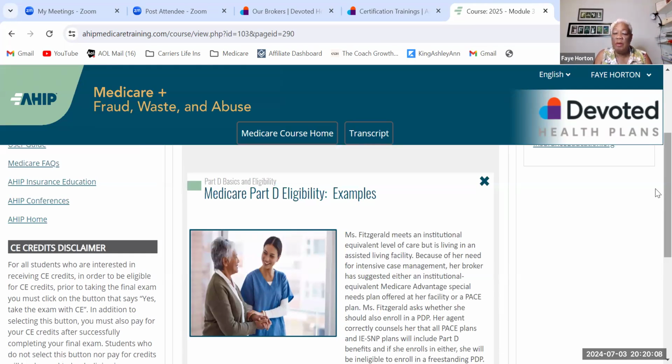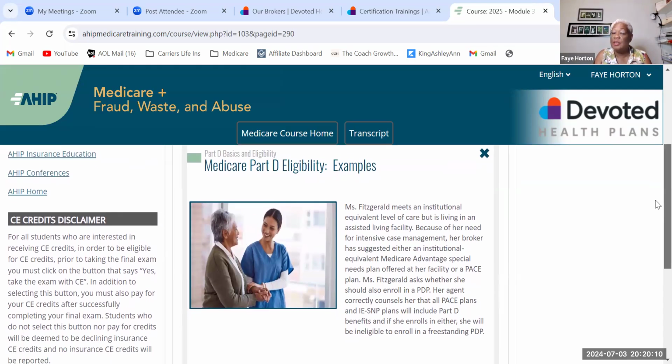Ms. Fitzgerald meets an institutional equivalent level of care, but is living in an assisted living facility. Because of her need for intensive care management, her broker has suggested either an institutional equivalent Medicare Advantage special needs plan offered at her facility or a PACE plan.